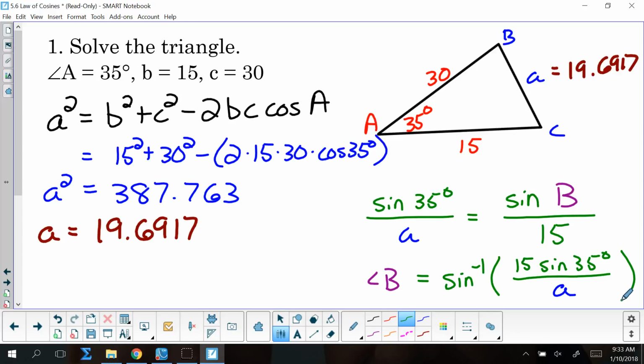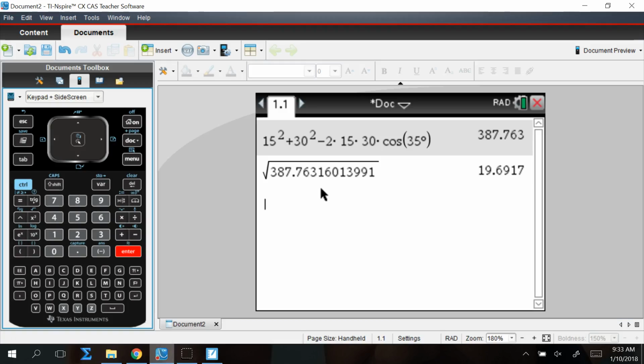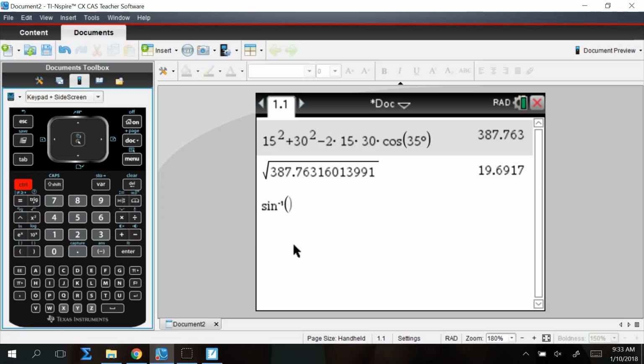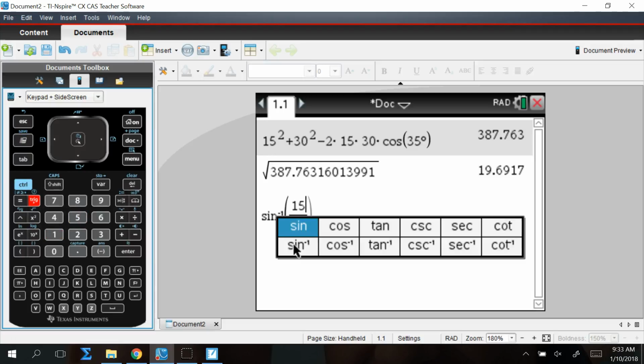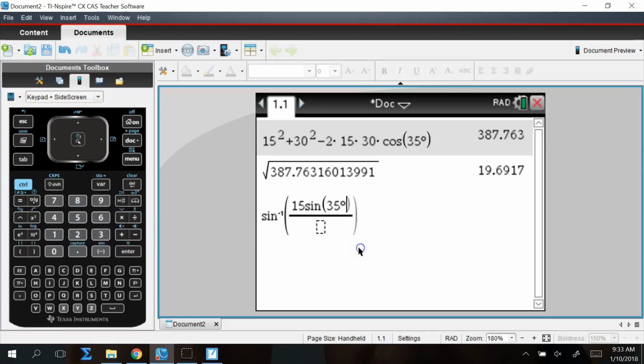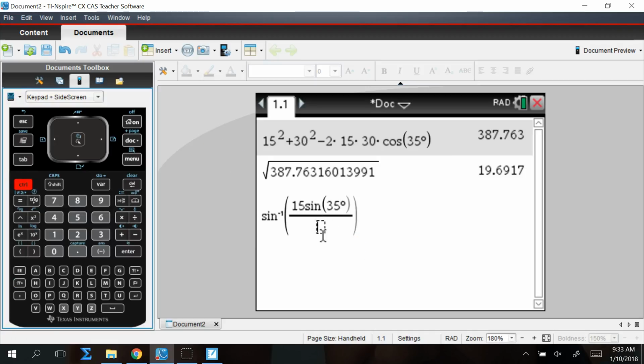Okay? So I'm going to go to my calculator now, and I'm going to say the inverse sine of 15 times the sine of 35 degrees divided by my answer. Okay?